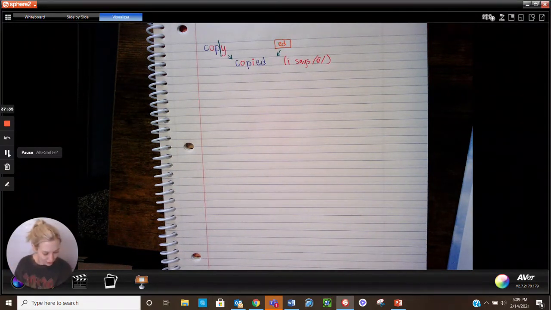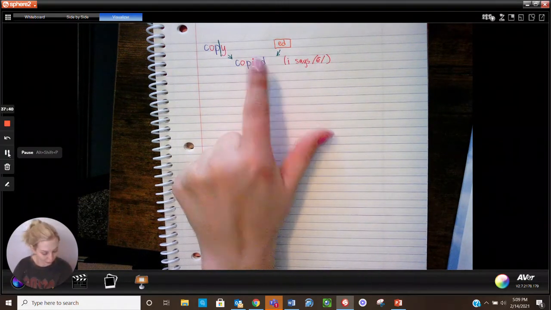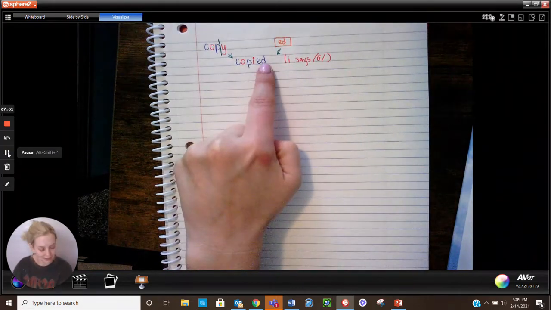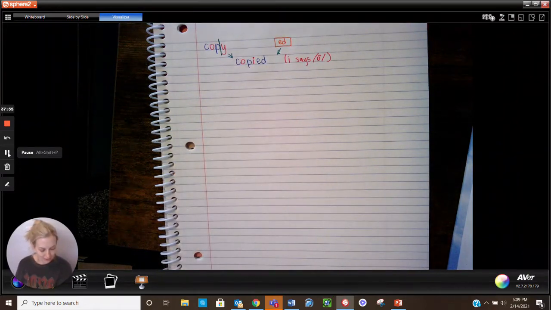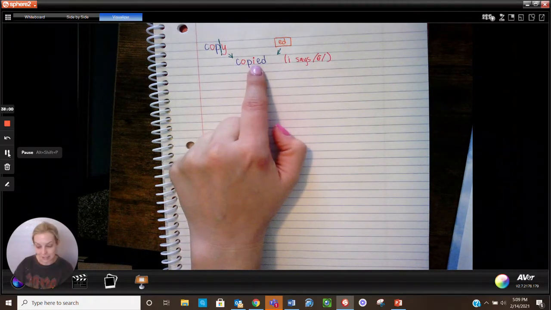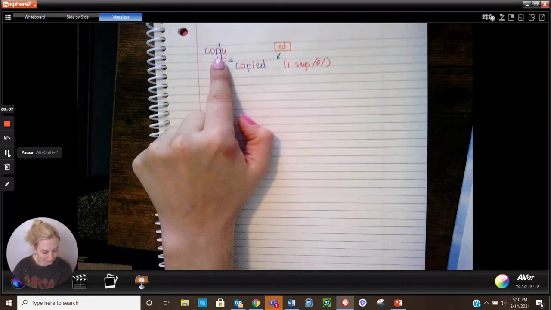Very good. What sound is the phonogram ED making in the word copied? D. Very good. Is D voiced or unvoiced? It's voiced. Very good. Why is ED saying its voiced sound? Because the sound before it, E, is a voiced sound. Very good. Look at the word copy again.